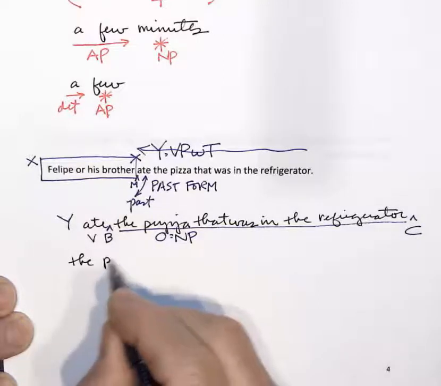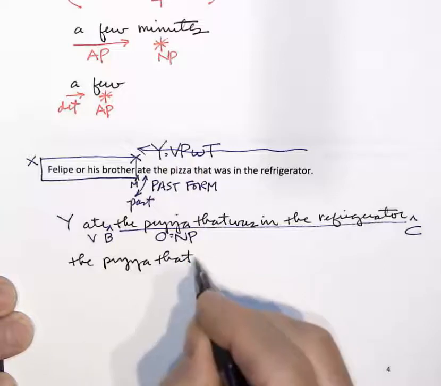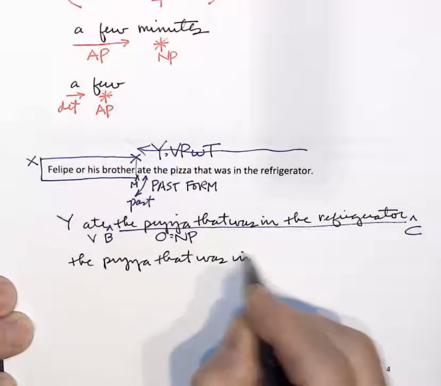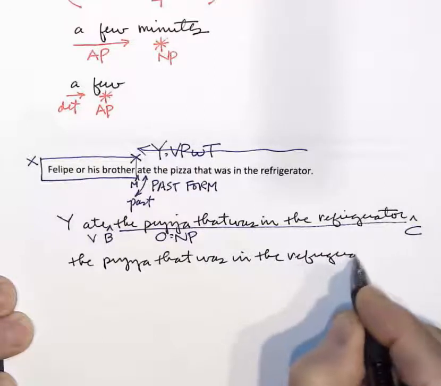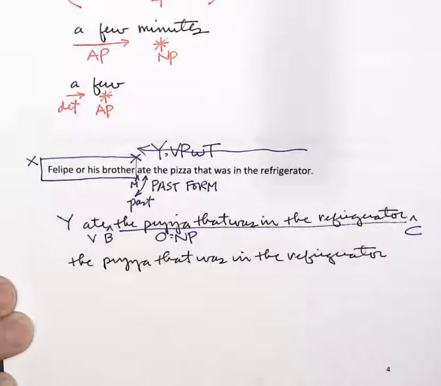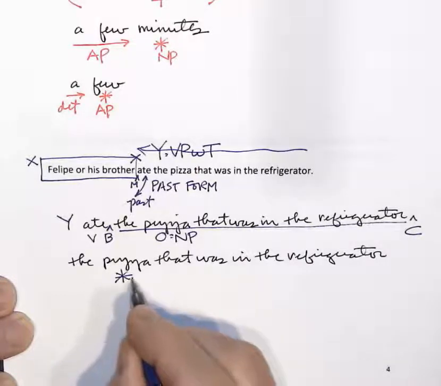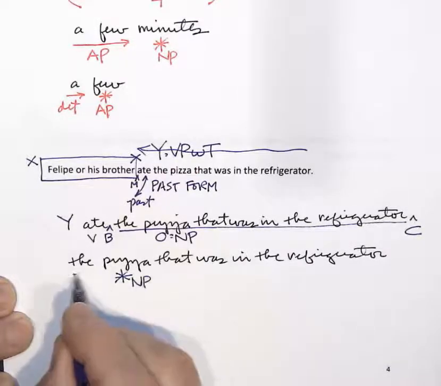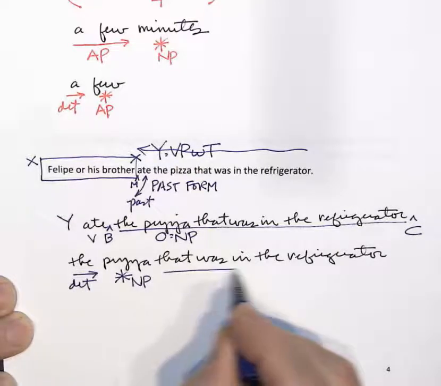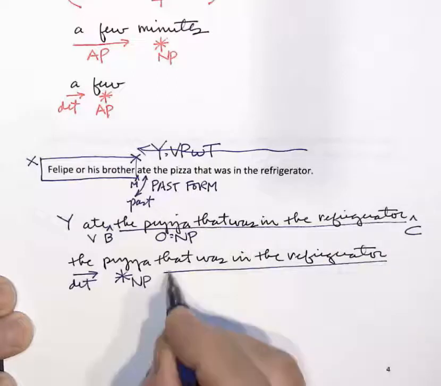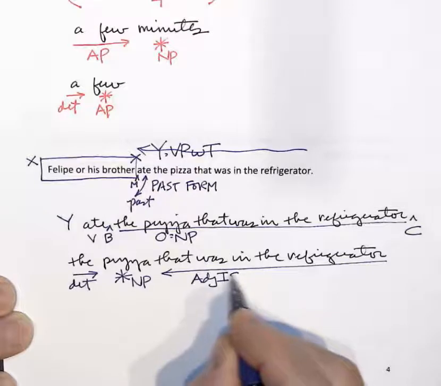The pizza that was in the refrigerator. Pizza is the noun phrase head. The is a modifier, it's a determiner. That was in the refrigerator is an adjectival included sentence.